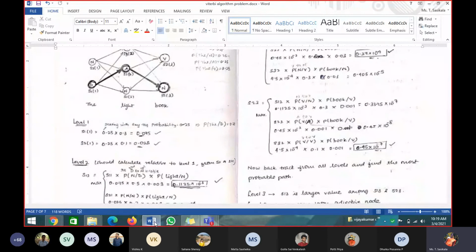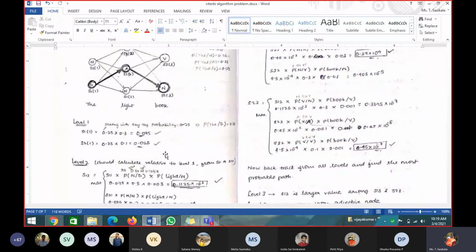Okay. Now after finalizing all these values, among these two, which is the highest value, students? After finishing level 1 values and level 2 6 values, in level 3 how many values are we getting? 6, ma'am. So 6 plus 6, 12 plus 14 values you have to calculate.